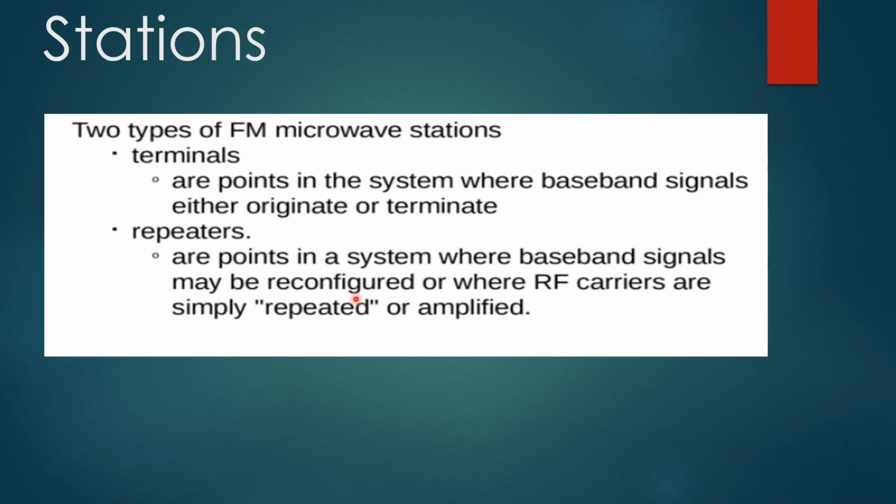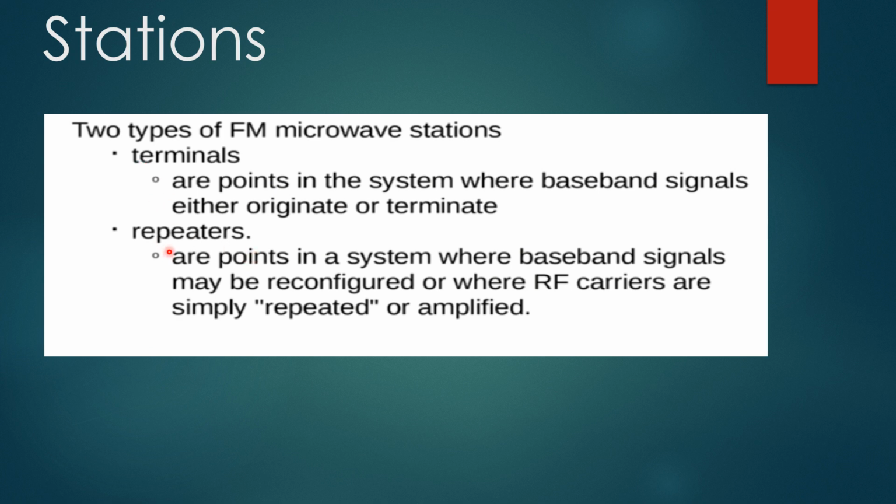We have seen the three types of repeaters in microwave communication: IF repeater, baseband repeater, and RF to RF repeater. Except for the RF to RF repeaters, we can have a reconfiguration. So either we can reconfigure, reshape, etc., or simply have an RF to RF conversion. So that is what the repeater stations do.